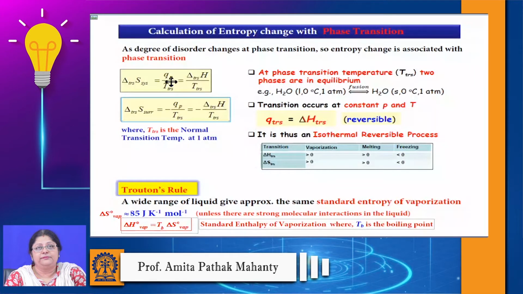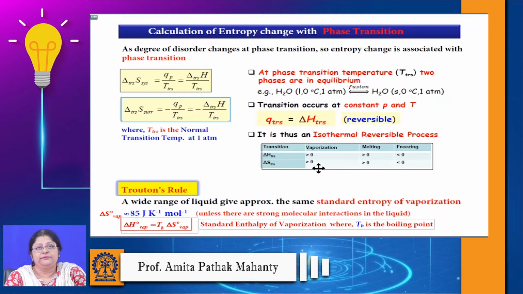So what will happen to the corresponding delta S of the system? The delta S of vaporization will be positive, and that is justifying your observation that whenever you are making a liquid change to a vapor phase, the entropy should always increase because you are going to a more disordered condition.